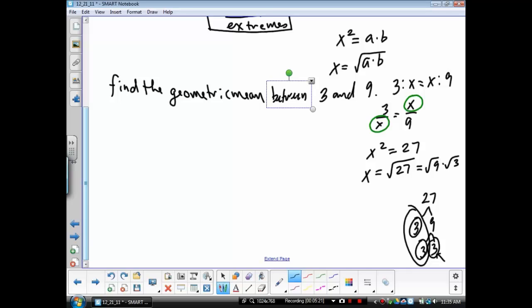I know square root of 9 is 3, so I write x equals 3 times the square root of 3. And that's where I leave my answer. 3 root 3 then is the geometric mean between 3 and 9. It's the number that would hold the means position in this proportion between 3 and 9.